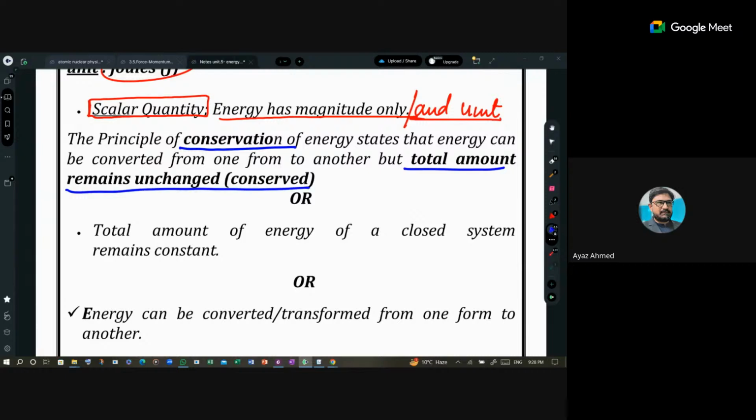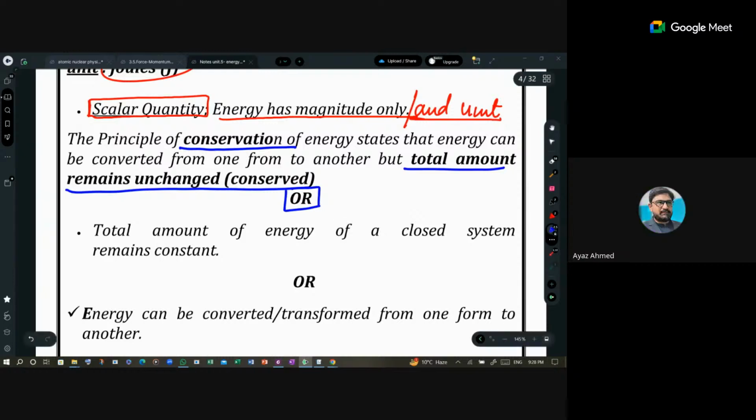Remember this. Do you agree? Yes, it remains the same.